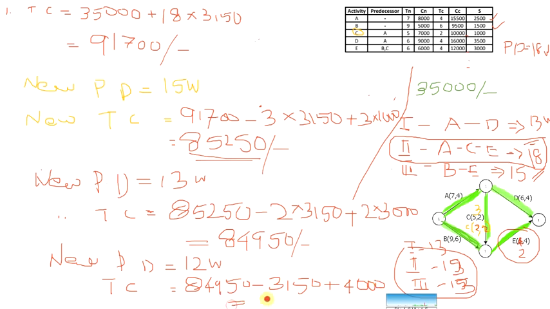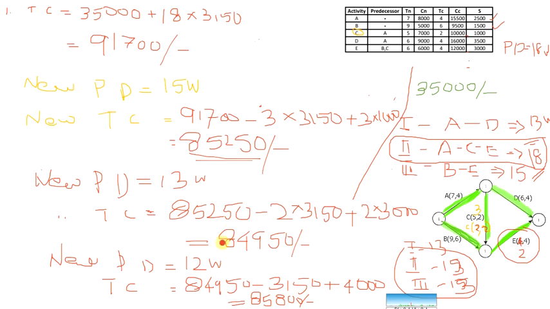This will be equal to 84,950 plus 4000 minus 3150, equal to 85,800. 85,800 is the new total cost of the project.